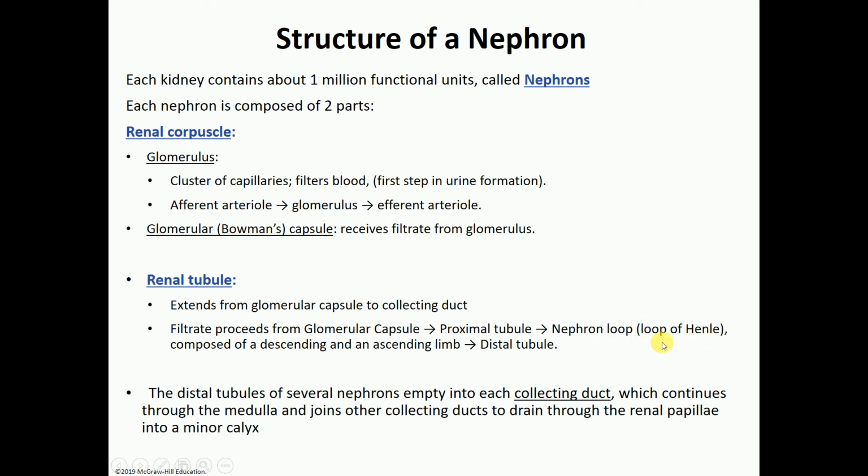The loop is also known as the loop of Henle, and then off to the distal tubules. From the distal tubules, several of these distal tubules are going to empty the filtrate into the collecting ducts, and then from the collecting ducts, the urine will be dumped into the minor calyx.